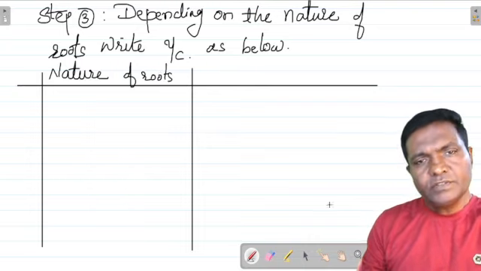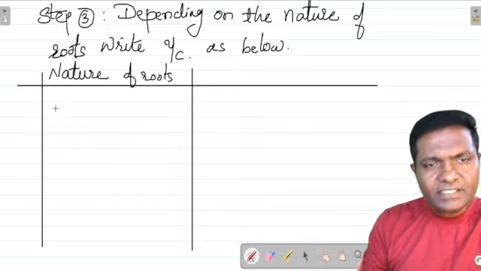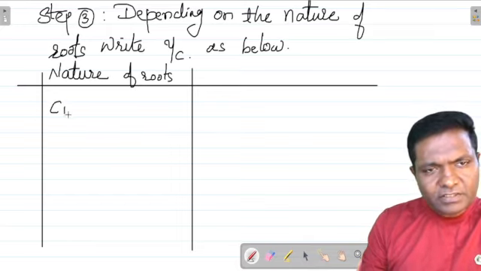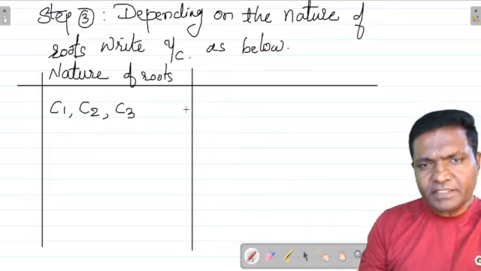Okay. So if you got roots as distinct, suppose all roots are different, say the roots are m1, m2, m3 distinct.